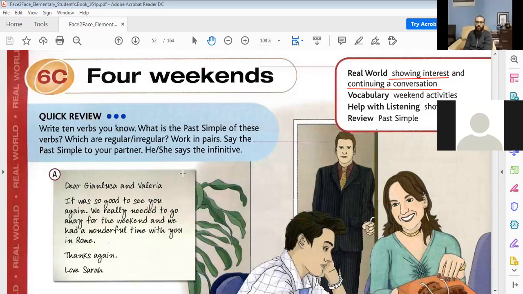Besma, can you explain what it means when we say showing interest, continuing a conversation? Yes, I will try.